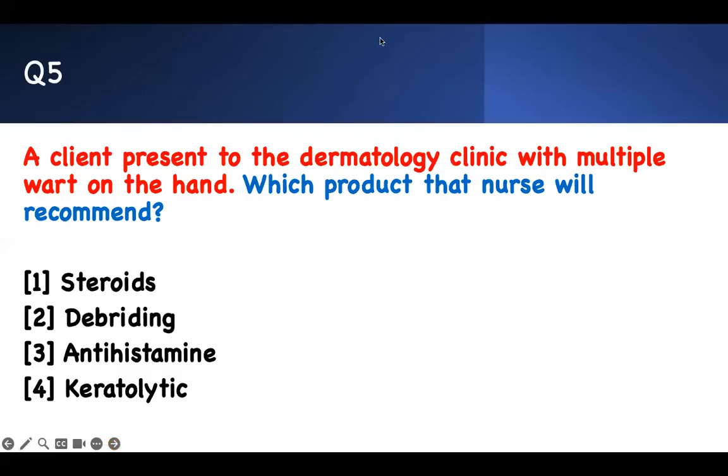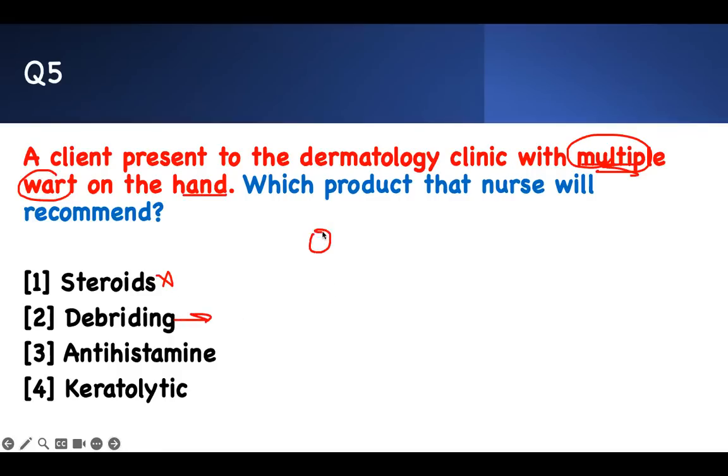Okay, so what do we have? Question. Which product will the nurse recommend? A client presents to the dermatology clinic with multiple warts on their hand. So they have a bunch of warts on their hand. What do you think they will use? Steroids? That's for inflammation. There's no inflammation. Debriding?